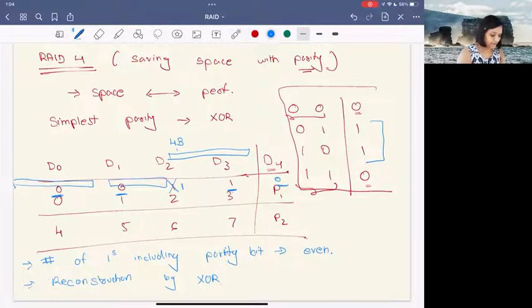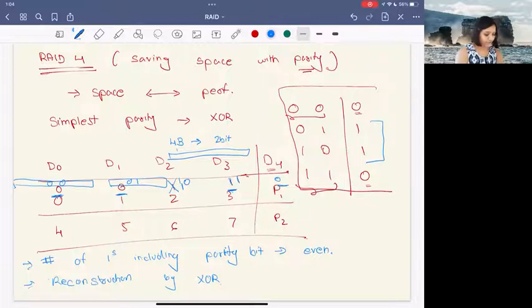Now, let's say rather than 4 bytes, let's take a smaller example that we could digest and understand. Let's say that our block size is 2 bits, still greater than a single bit, but something more. So instead of just a single bit, we would have 2 bits, like 0, 0, 0, 1, 1, 0, 1, 1, something like that.